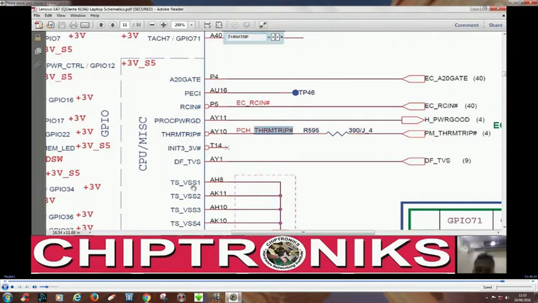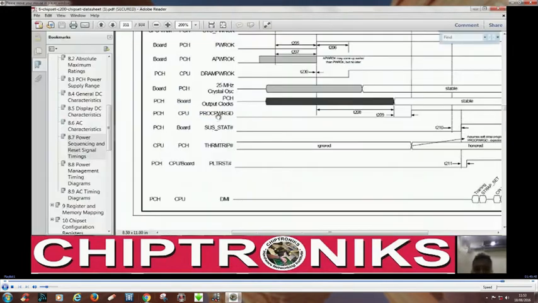This is generated by the CPU when the CPU has got processor power good, which states to the PCH that the CPU is in correct condition to receive reset, right?